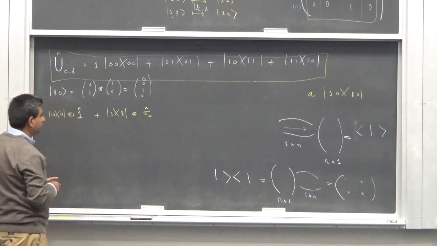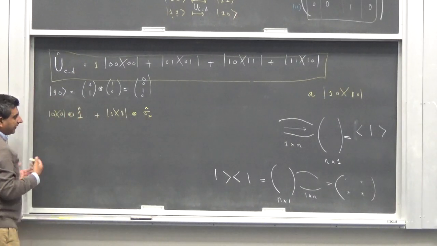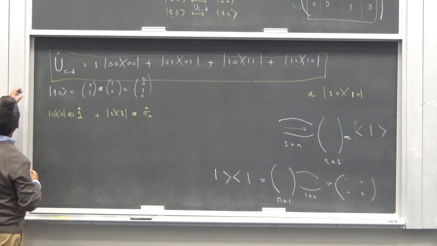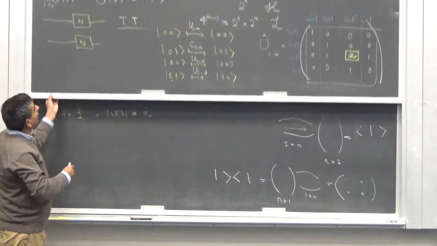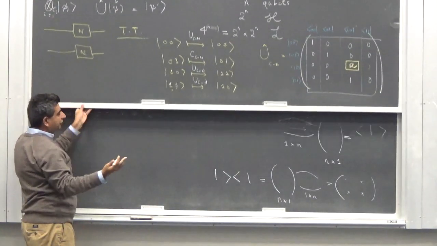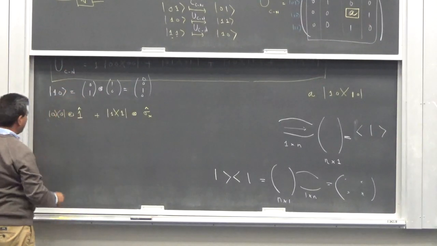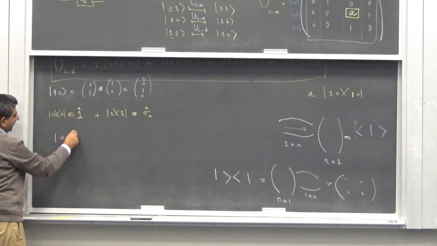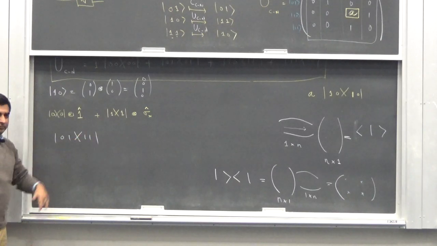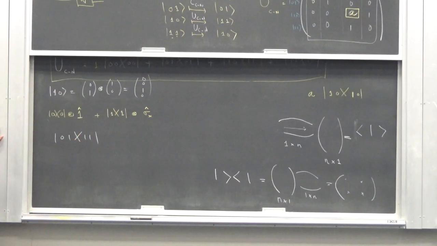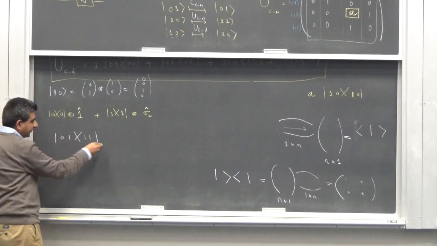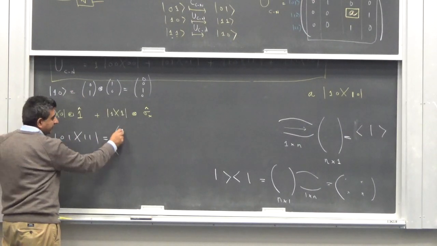Suppose I use this definition of kets. I can ask you to write any outer product. So this is my question to you: what will this outer product look like? I first write down the column vector corresponding to this ket, which is this thing.